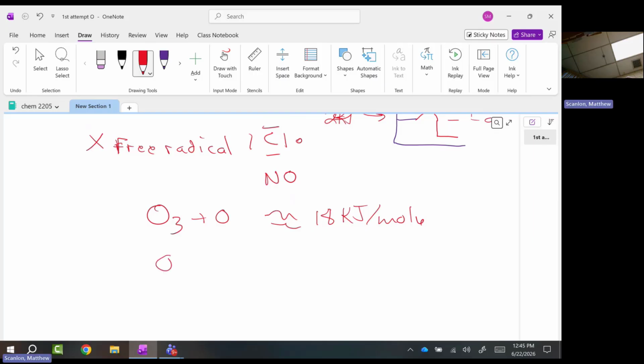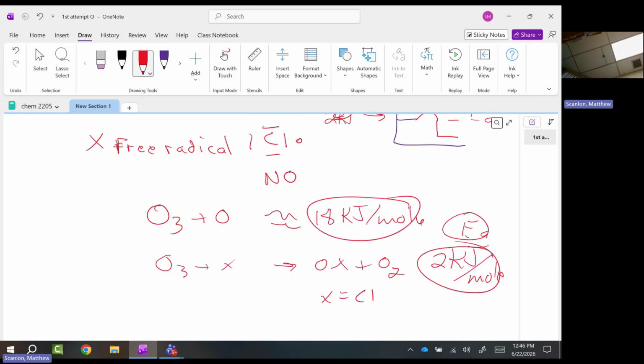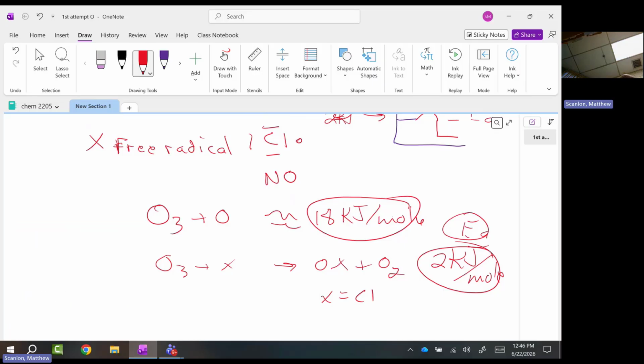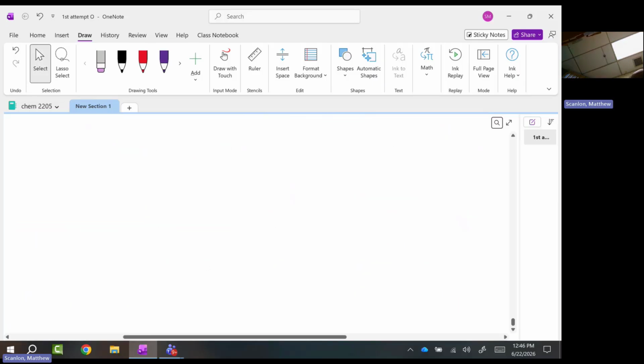When you add O3 plus X to get XO plus O2, you get about 2 kilojoules per mole for various X's. For chlorine, it's about 2 kilojoules per mole. So we've lowered that activation energy, and that makes it easier for this to happen. So that's mechanism one. And these are natural.